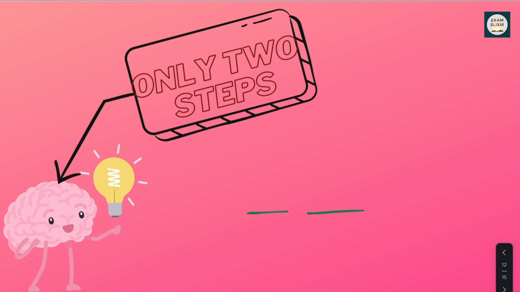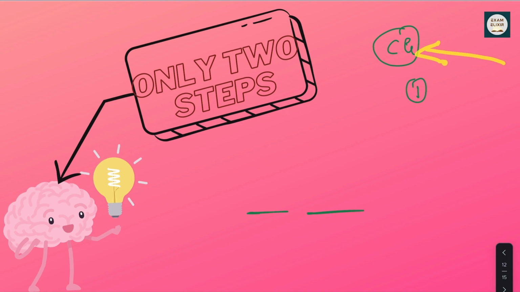Let's say we are talking about the central government. In the first step, you have to know whether money is coming to the central government or going away from it. If money is coming towards the central government, then that will be called a receipt.